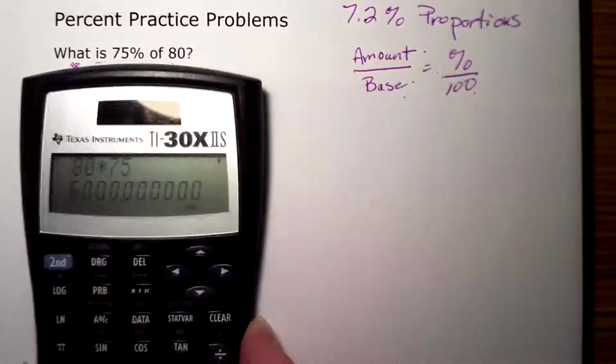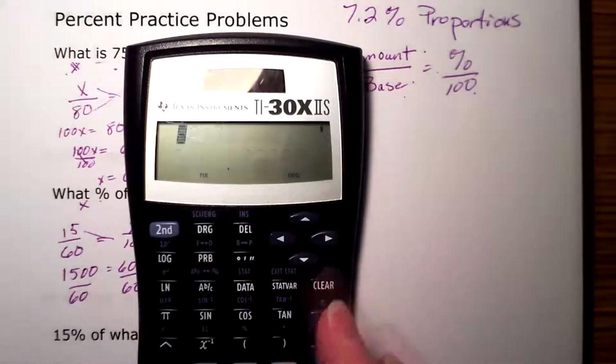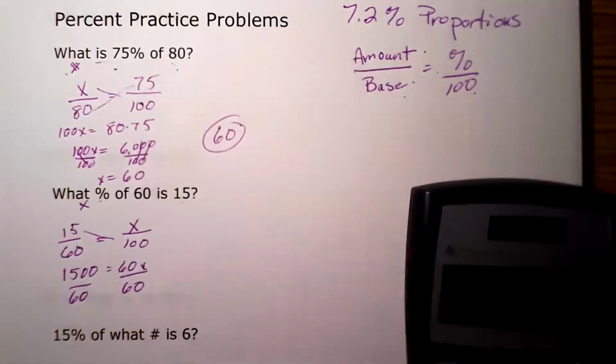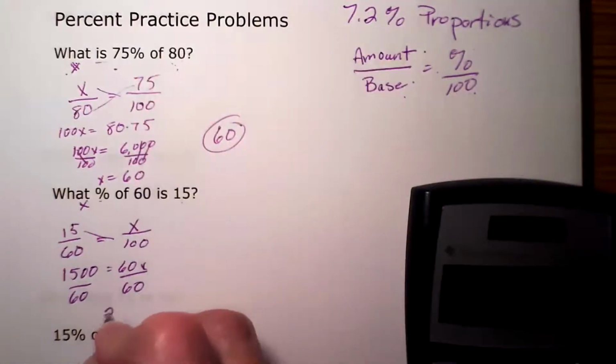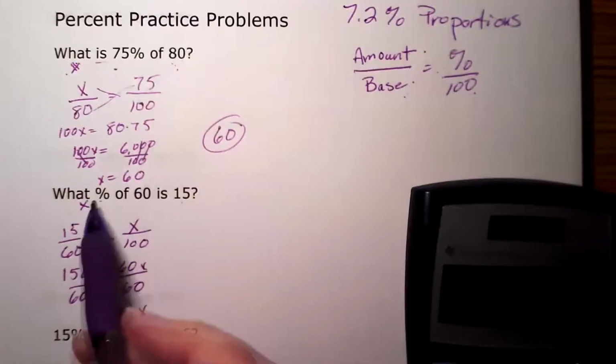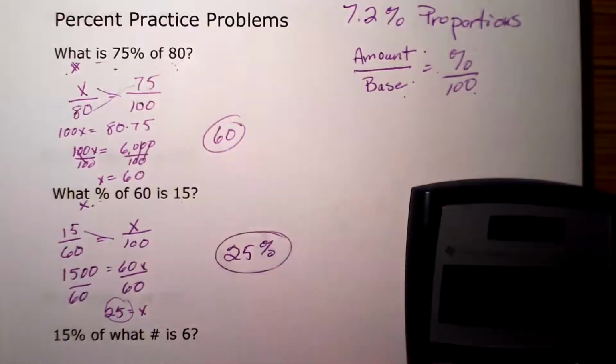So I have 1500 divided by 60. 25 equals x, but 25 is the percent, so I have to make sure and say it's 25%. Add the percent sign there.